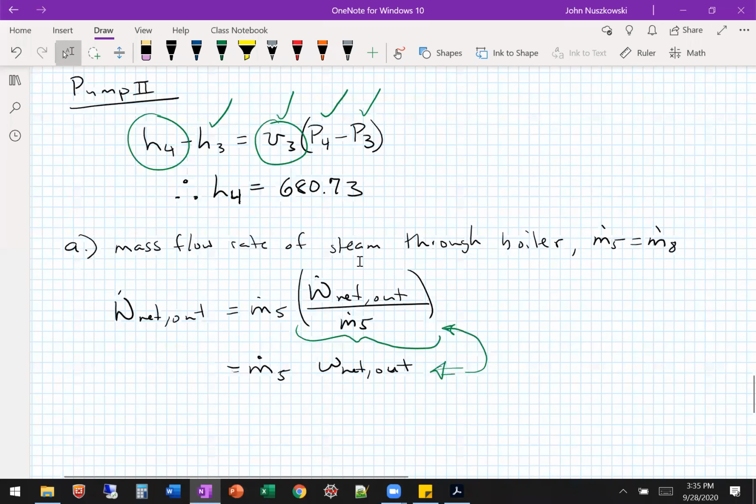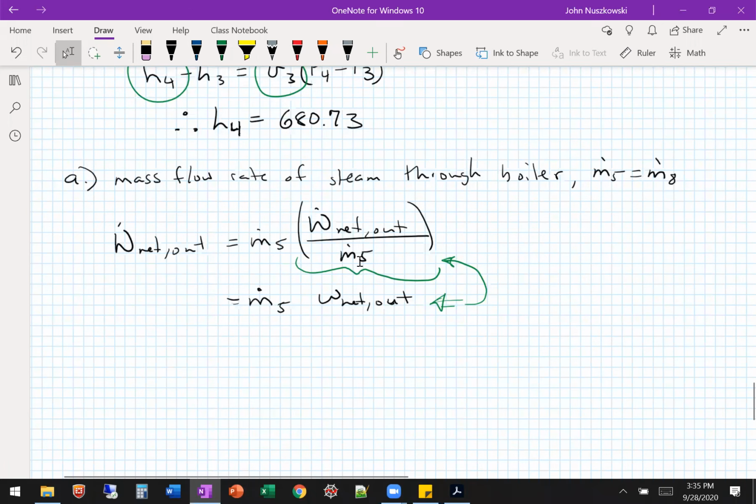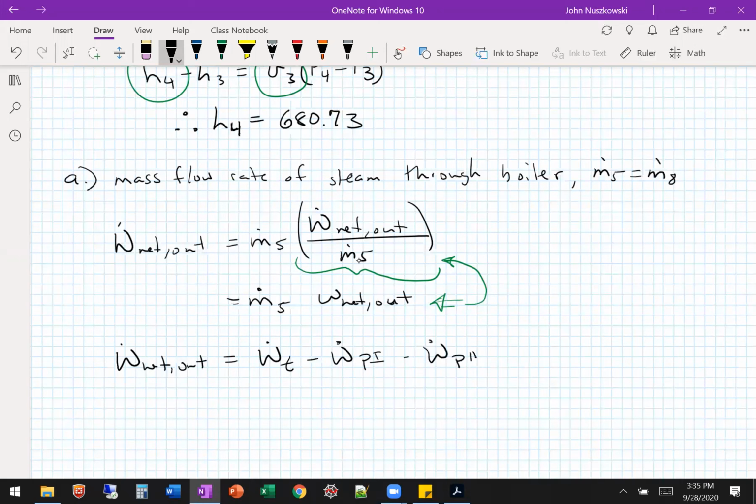And we have 5, okay? All right, so then we have work net out, right? So we can do the power of the turbine, so our turbine work minus the pump 1 minus pump 2, okay?